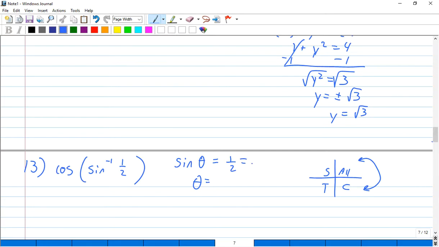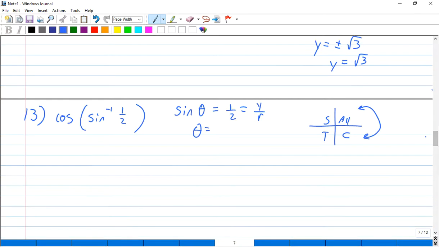All right, let's see though. Let's figure it out. Sine is 1/2, so sine is y over r. So what's y equal to? 1. What's r equal to? 2. We know that we're in the first quadrant, so all x's and y's are positive.